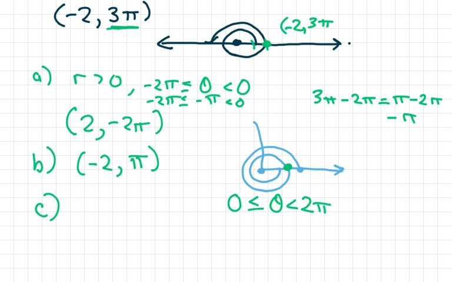And the last one, we want r to be positive. So we have 2, but we want our angle to be between 2 pi and 4 pi. So actually, this is already in between 2 pi and 4 pi.